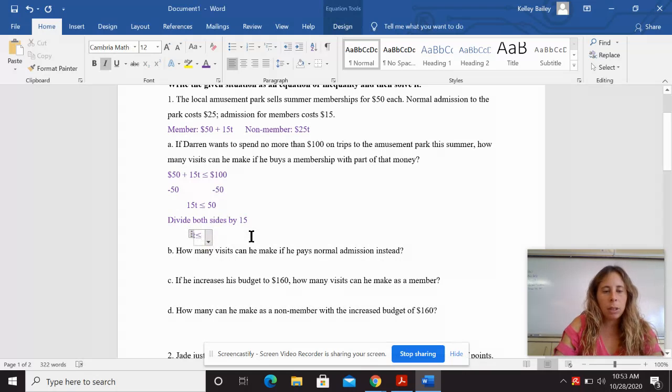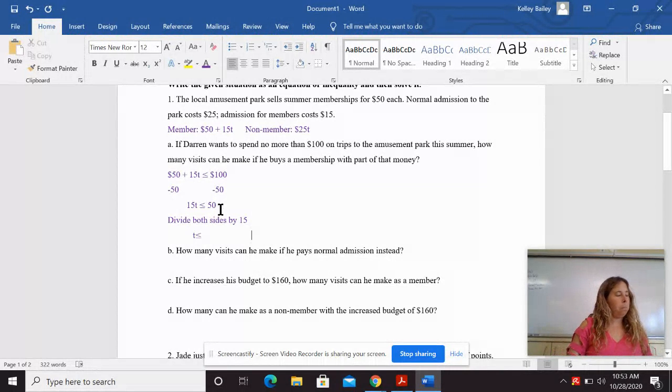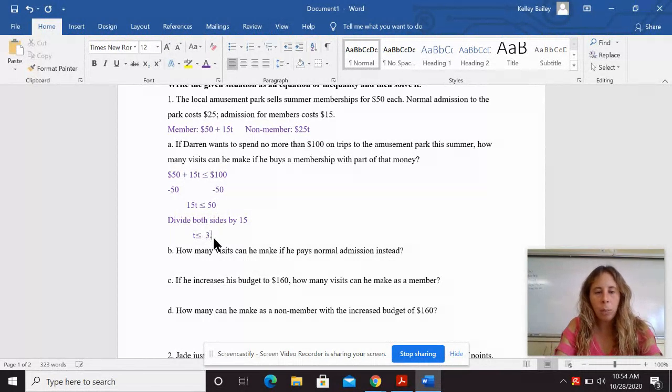It's less than or equal to 50 divided by 15, which is, I don't know, something 0.5. Let's see, 50 divided by 15. Oh, I'm wrong. It's like 3.3. Did I do that right? I feel like that's not the right answer.